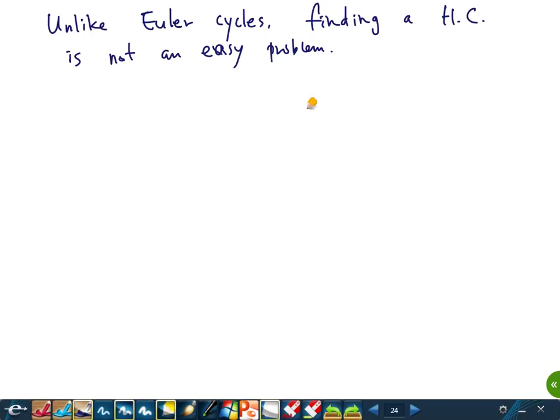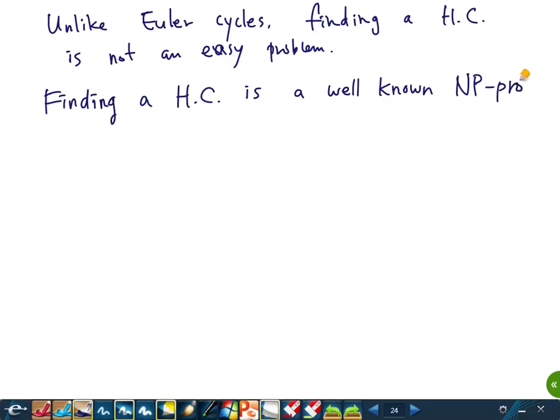And actually, the Hamiltonian cycle problem is a famous problem known as what people call an NP problem, if you have heard of this. Finding a Hamiltonian cycle is a well-known NP problem. So what does that mean? There are some problems called P problems and some problems called NP problems.